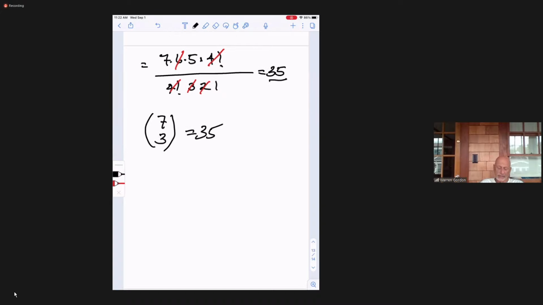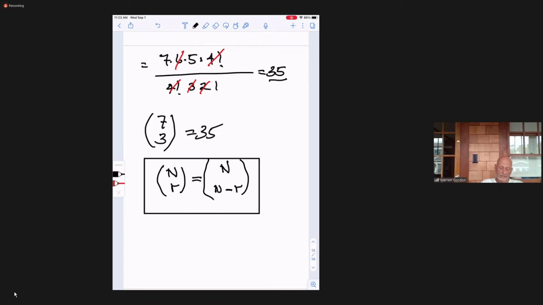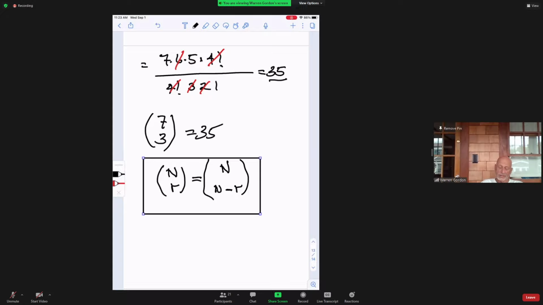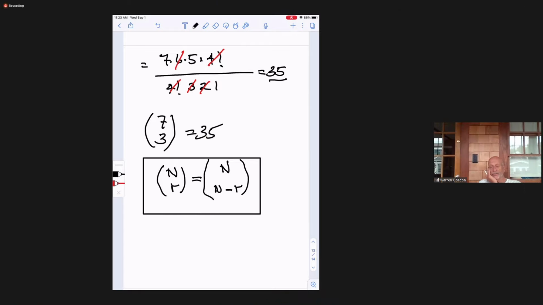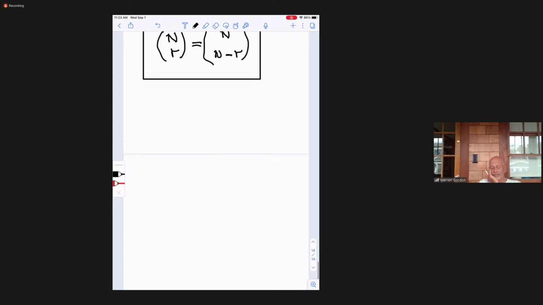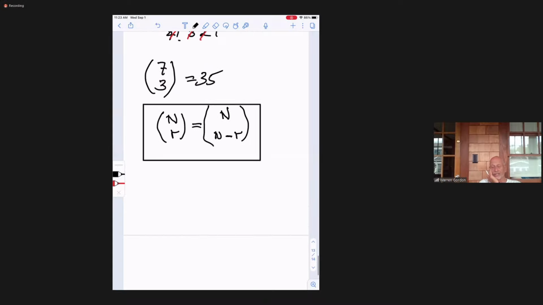And in fact, more generally, we have the following identity. Now that's an interesting result. If you interpret it, it says the number of ways I can choose a committee of r from n is the same as the number of ways I can choose a committee of n minus r from n. That's pretty neat.